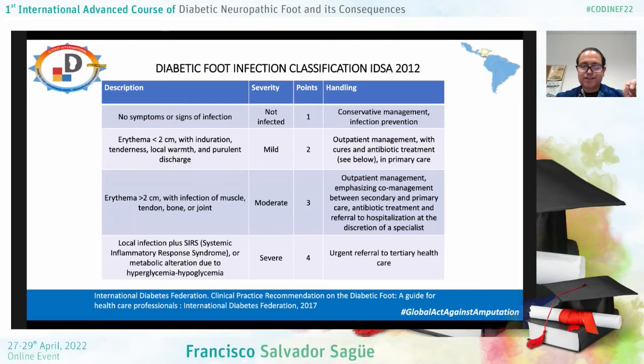Excuse me, my English is limited. Such a systemic inflammatory response syndrome, the metabolic alteration characterized by hyperglycemia and or hypoglycemia.